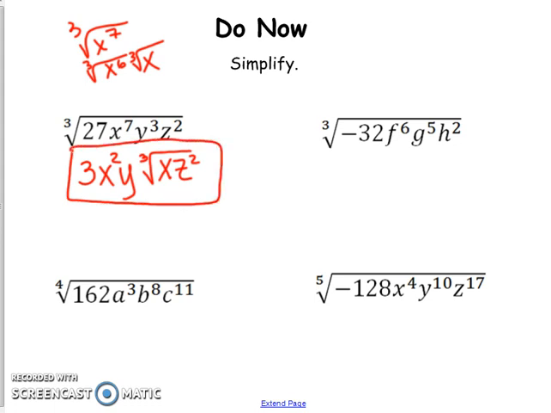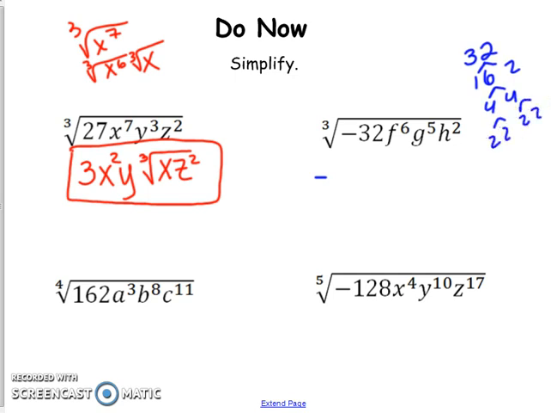Okay, with the second one, 32, we're going to break down. So remember that negatives are fine when we have odd indexes. So we're just going to have a negative on the outside. If I break 32 down, I can break that into 16 and 2, 4 and 4, 2 and 2, 2 and 2.